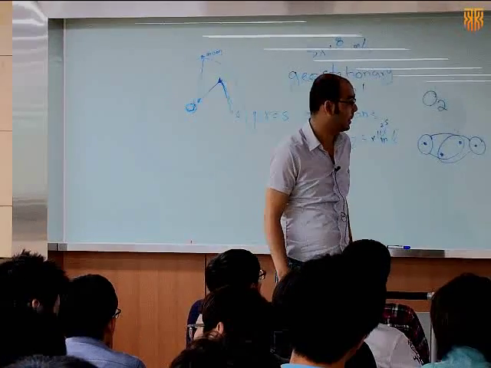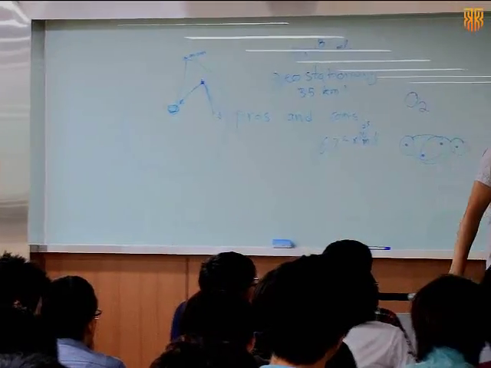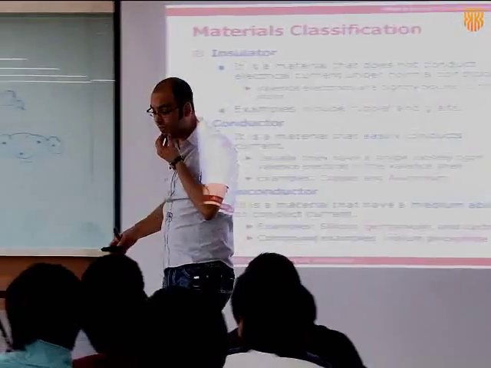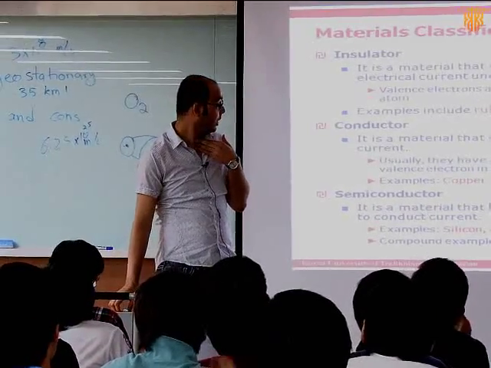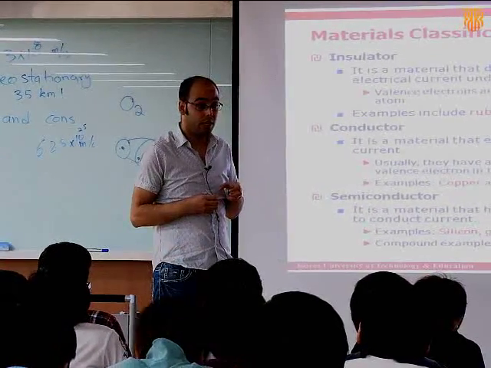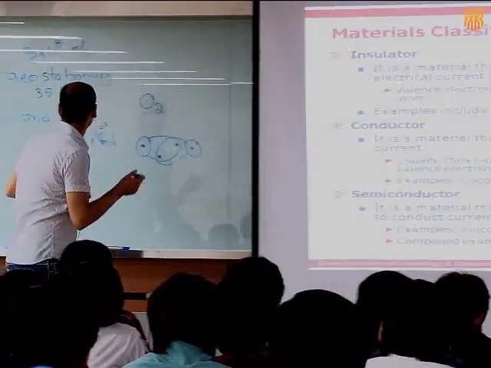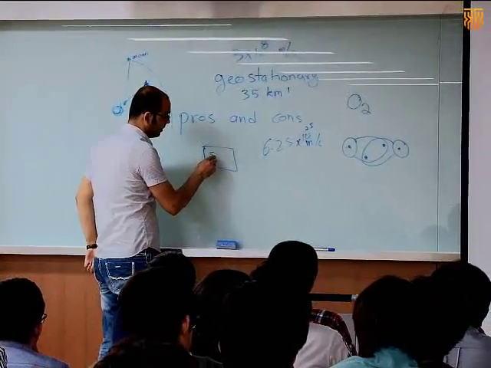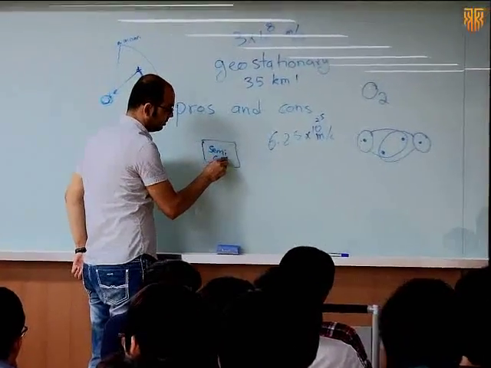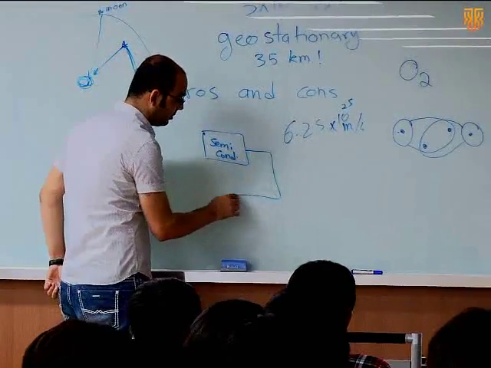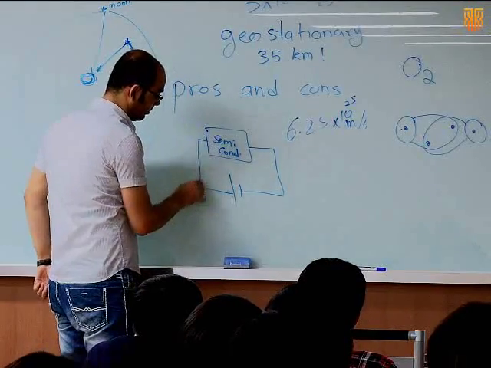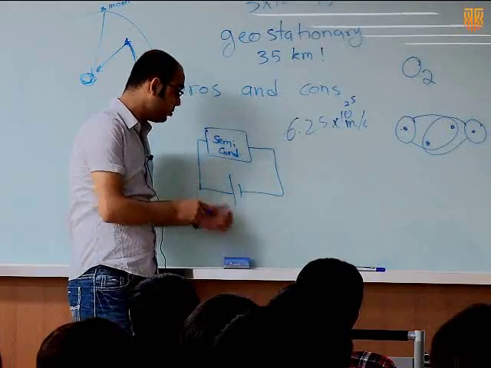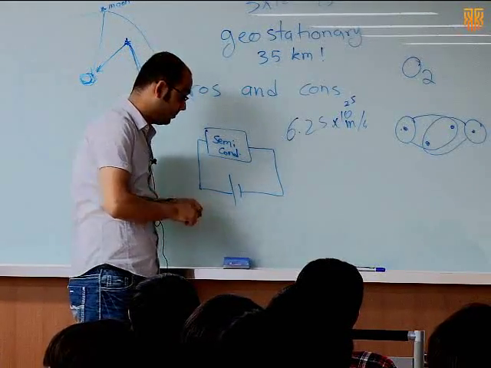Okay. So the semiconductors, the basic idea is that if you have a semiconductor material like this one, and you have a battery here, you start the voltage here and increase it.